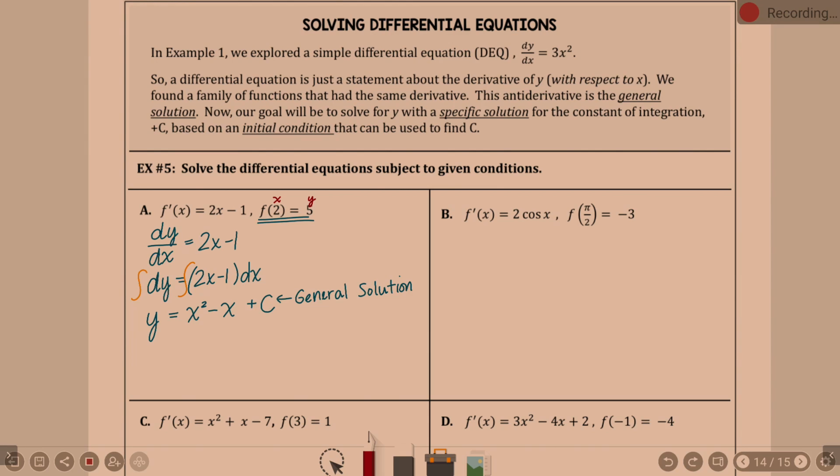So if I plug in the ordered pair (2, 5): 5 equals 2 squared minus 2 plus c. If I did my math right, c is 3.